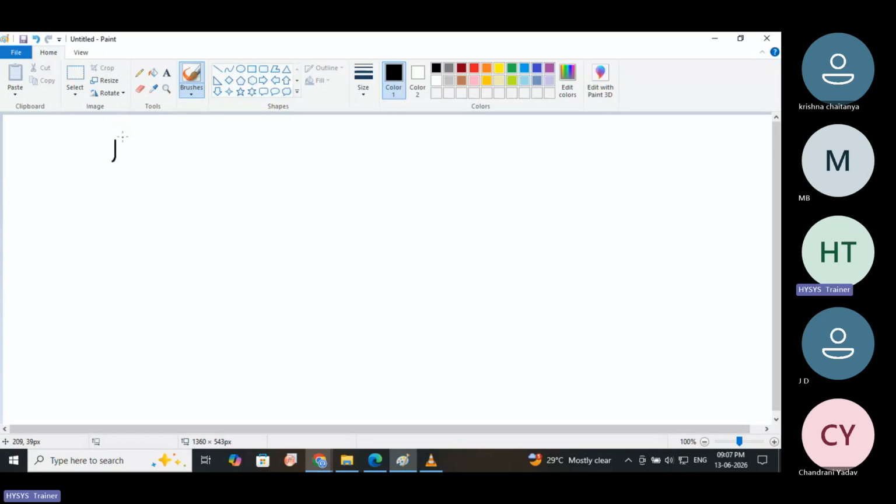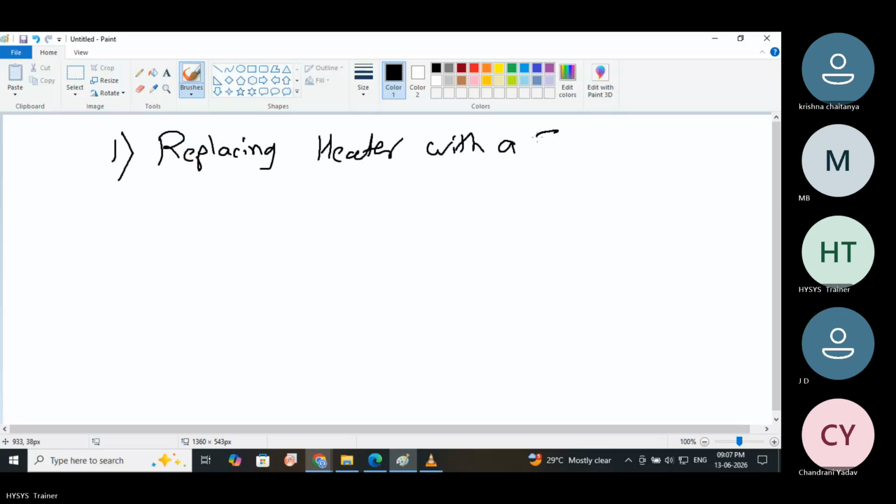The first change we are going to do is replacing the heater with a shell and tube heat exchanger. I'm just writing the short form, shell and tube heat exchanger.